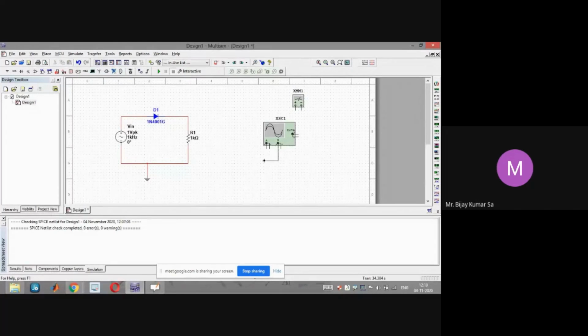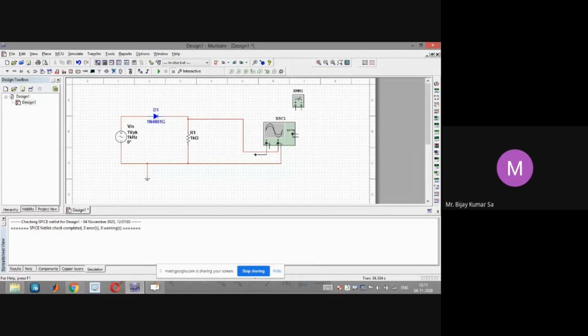So across the load, whatever I have, I will trace it in channel B. The positive terminal of channel B I have given to this terminal of the resistor, and the negative terminal of channel B I am connecting to the reference ground, that is the same as the other terminal of the resistance.